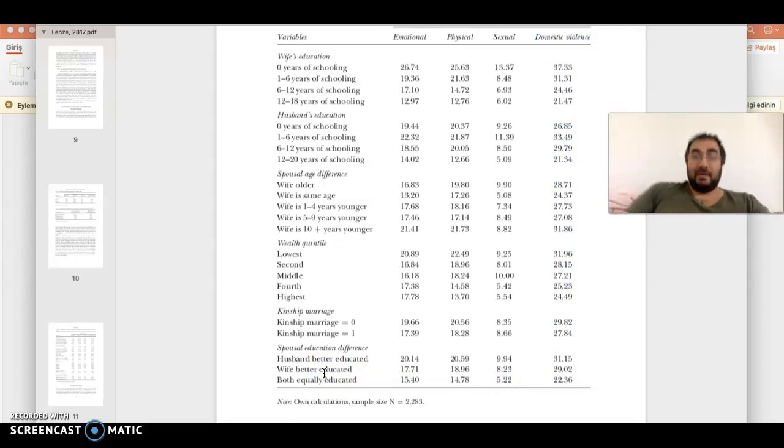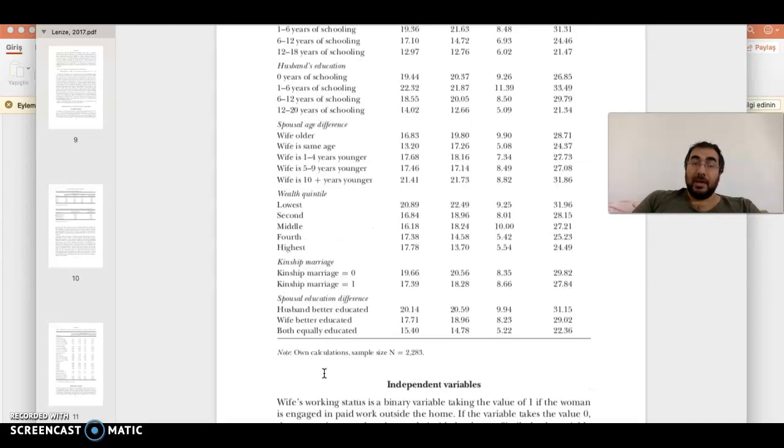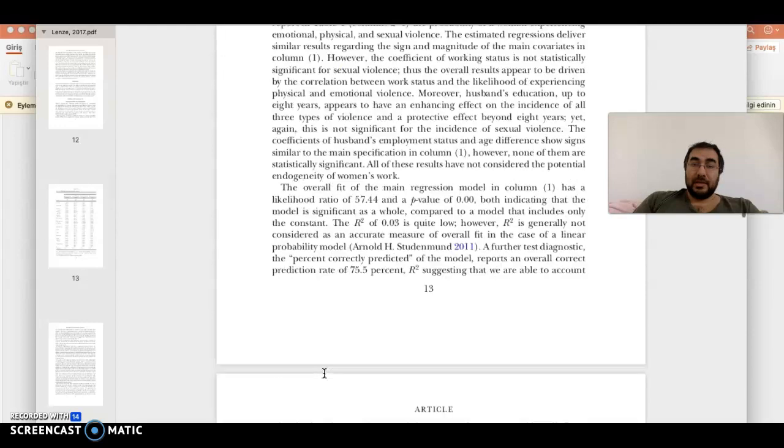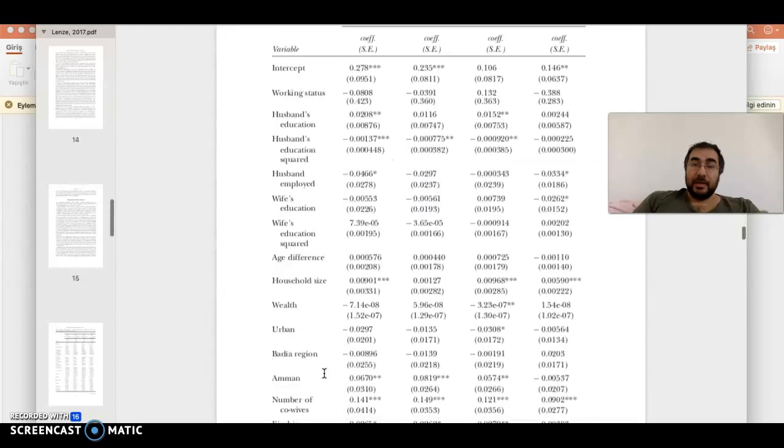They might change when we are making the statistical analysis. There is one analysis that is done without taking the endogeneity problem into account. But I will pass that analysis and I will move to the analysis where the endogeneity problem is taken into account.